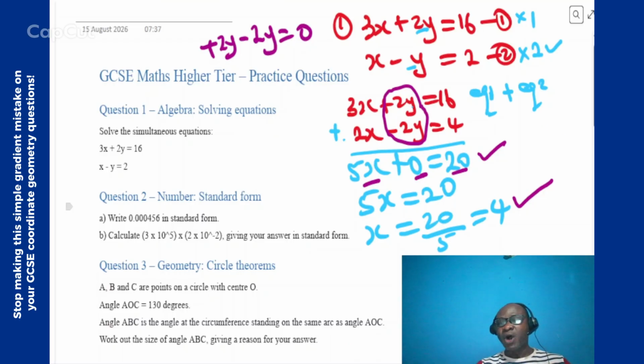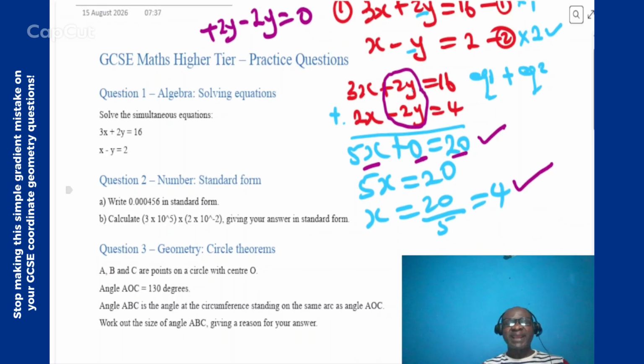Now, moving forward, I need to get the value of y. What I will do, I will take one of the equations, either equation 1 or equation 2. This is equation 1. This is equation 2. So I take equation 2, which is x minus y equal to 2. Anywhere I see x, I replace the value of x because I have gotten it. That is 4 minus y will now be equal to 2.